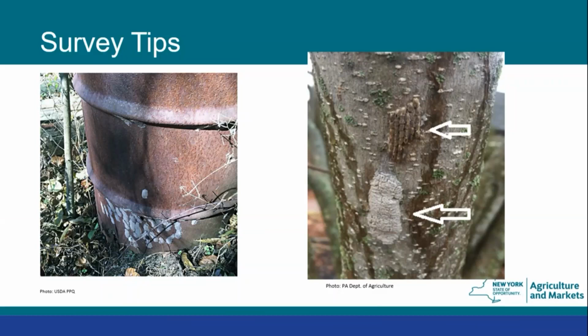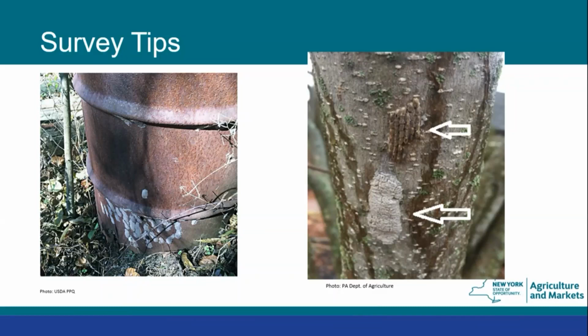And here's another good example of the egg masses, covered versus uncovered. The uncovered ones are a little bit easier to spot, but this appears like it could possibly be either, well, I see lenticels. I can't really tell what the plant is. It could be a cherry, it could be a birch, it could also be bittersweet vine.